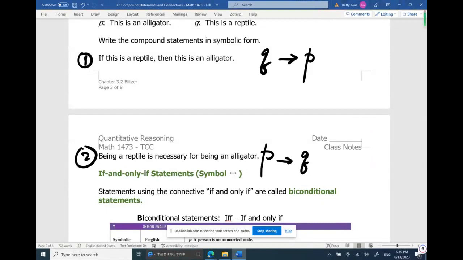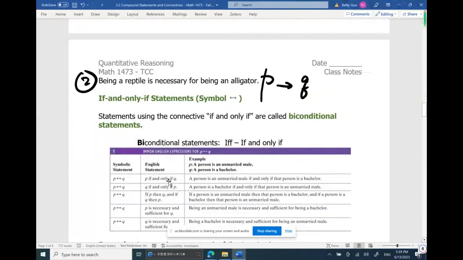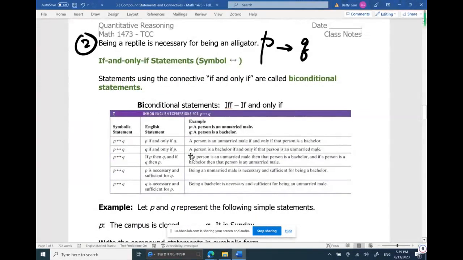So P implies Q. The last connective symbol we are going to learn is "if and only if". It is a double direction, double arrowheads, if and only if. One thing I want to point out is that P if and only if Q actually means P implies Q, and at the same time, Q implies P. So both directions work.